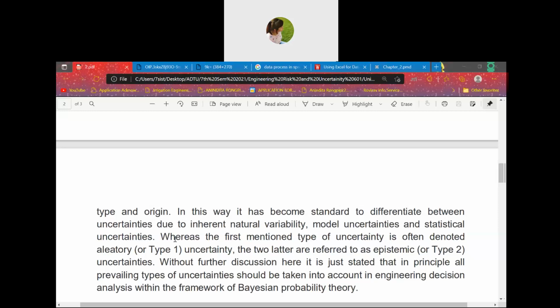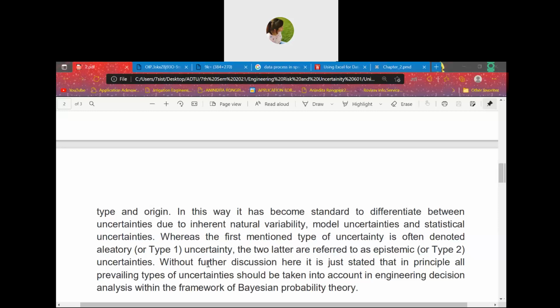The first mentioned type, natural variability, is often denoted as aleatory or type 1 uncertainty, and the latter two, model uncertainties and statistical uncertainties, are referred to as epistemic or type 2 uncertainties. I am repeating, model uncertainties and statistical uncertainties are referred to as epistemic or type 2 uncertainties.